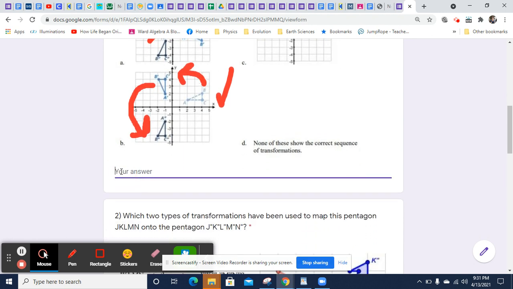So we're going to say B because it shows a 90-degree counterclockwise rotation. X and Y change positions or swap positions.